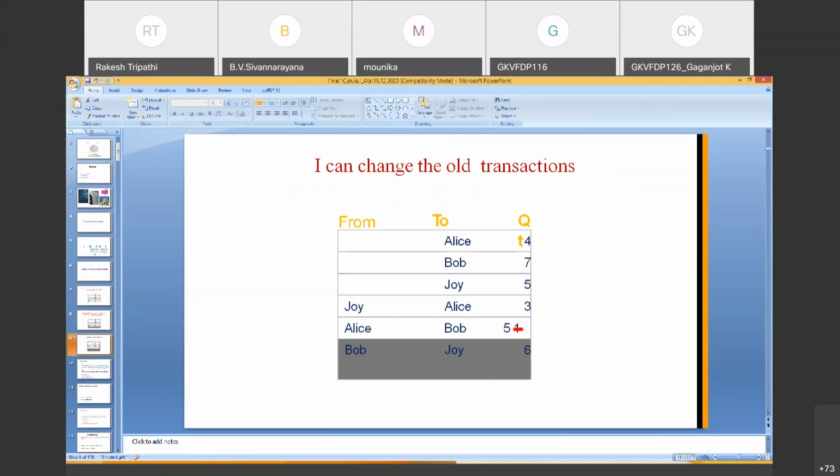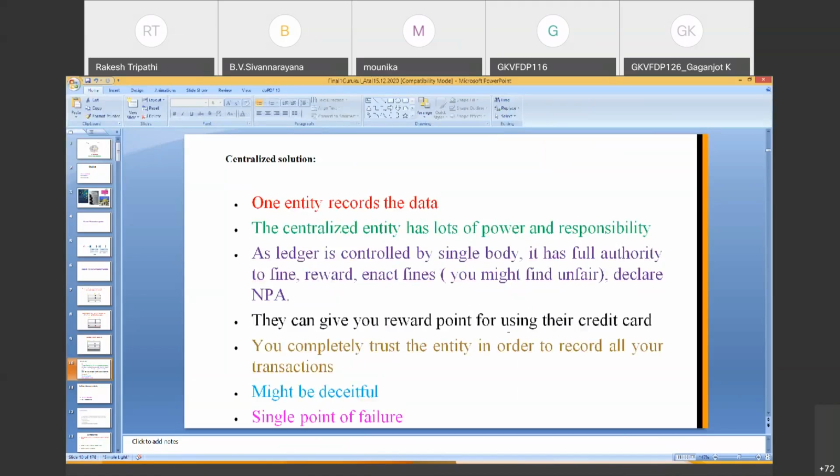Again, the bank can change the transaction, from Alice to Bob, so instead of 1, 5 is transferred. So the bank can change old transactions. The problem with the centralized solution is that one entity records the data. So the bank is recording all your data, and it has a lot of power and responsibility.